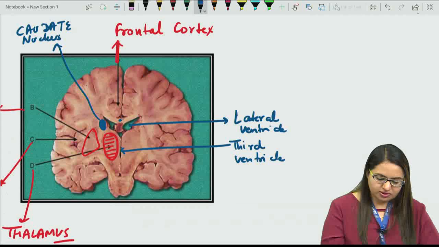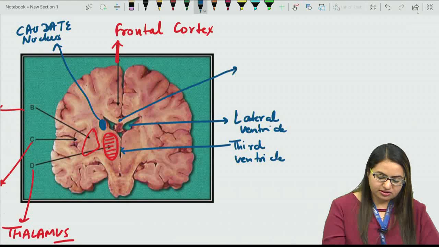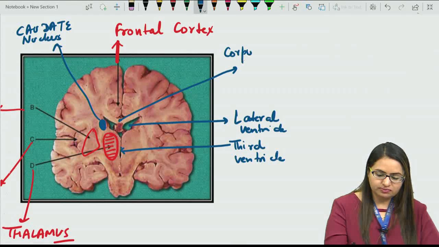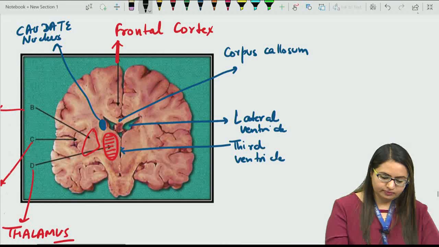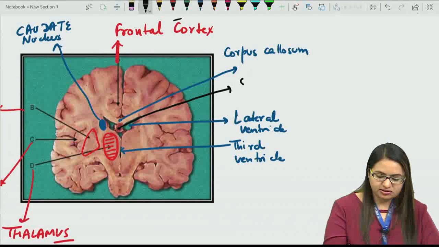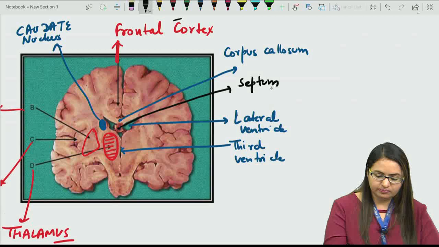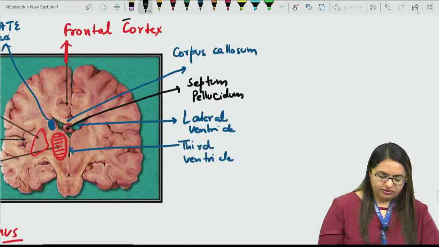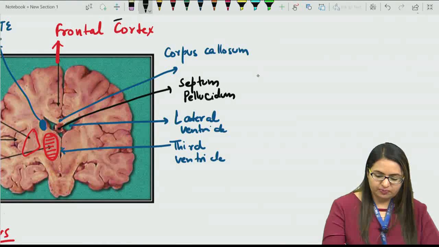The fibers which are present over here are the fibers of the corpus callosum. Then this membrane is the septum pellucidum. Now if you see, the lower portion of the septum pellucidum is present like this.